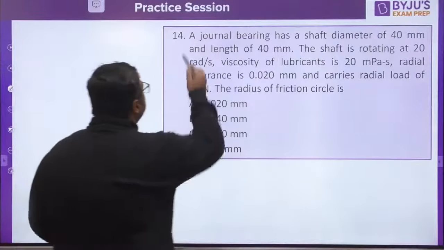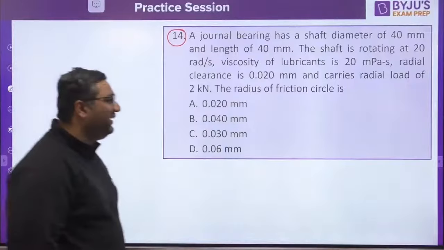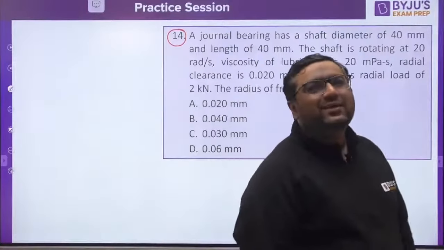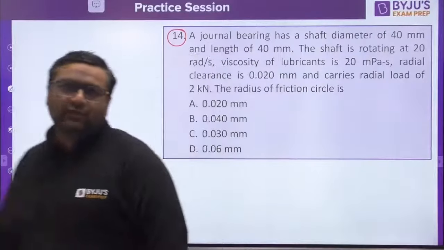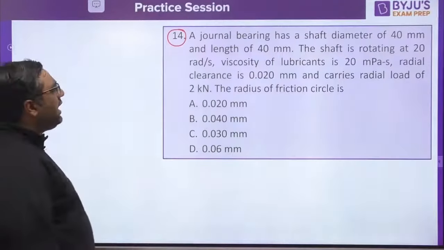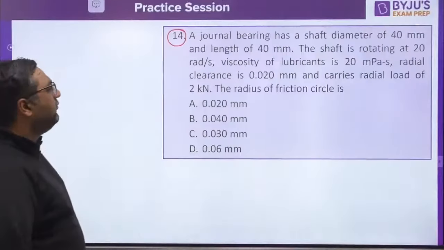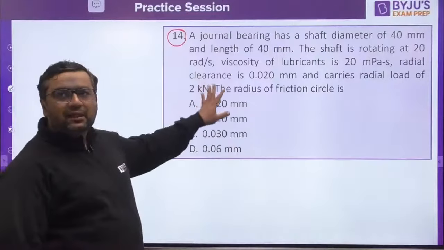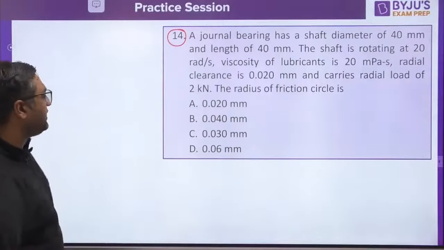I feel there is a mismatch in number. 15th by chance came before. Okay, so don't mind it. So this is from the journal bearing. In this the shaft diameter is given to us, length is given to us, speed is given to us, viscosity is given, clearance is given, and we need to find out the radius of friction circle.